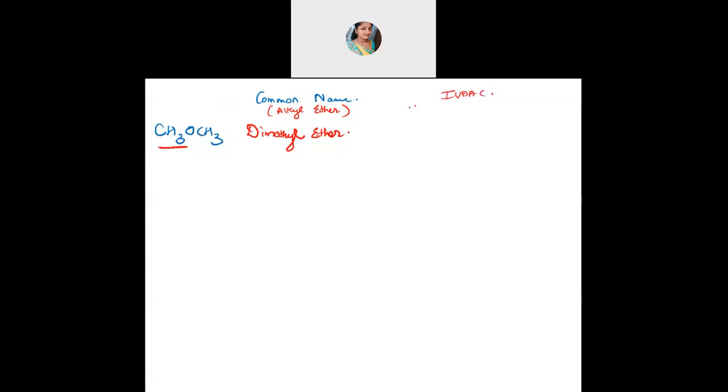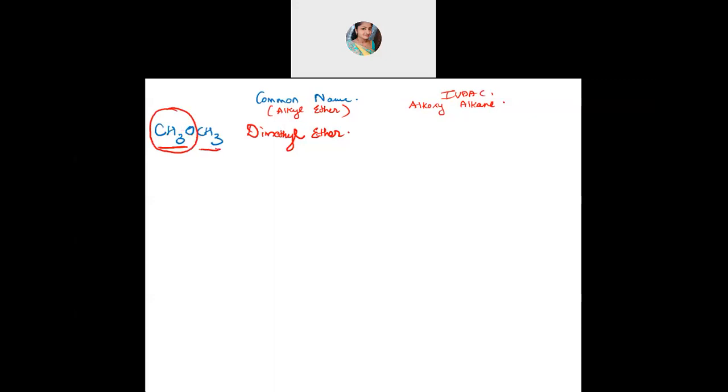Now come to the IUPAC name. IUPAC name is alkoxyalkane. Here, because it's the same carbon atom, you take any one as parent and any one as branch. Alkoxy will be this, OCH3. CH3 is methyl group, methyl with oxygen will be called methoxy.